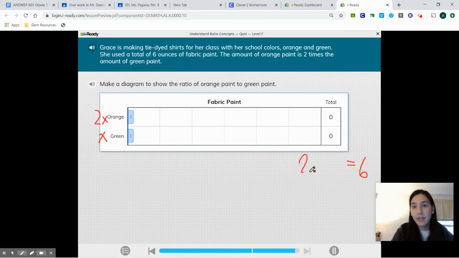So over here, we're going to have 2x plus x equals 6, because it says that we have a total of 6 ounces of paint. So we know 2x plus 1x is going to be 3x equal to 6. And we know that when we solve for x, we're going to divide both sides by 3 to get x is equal to 2.